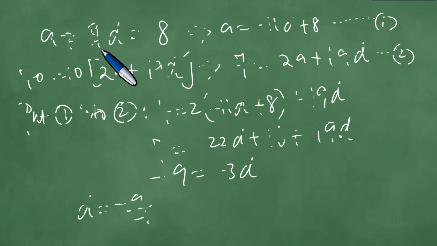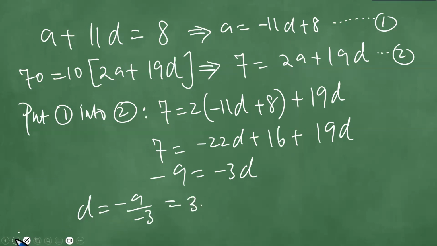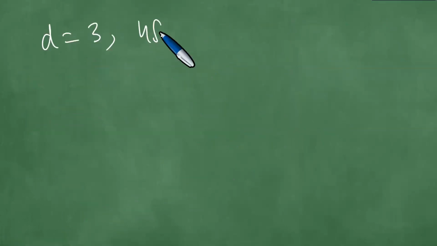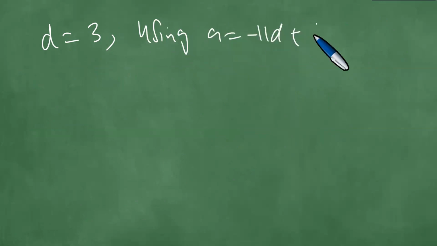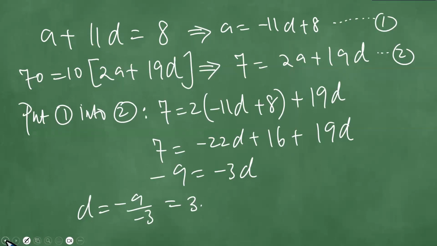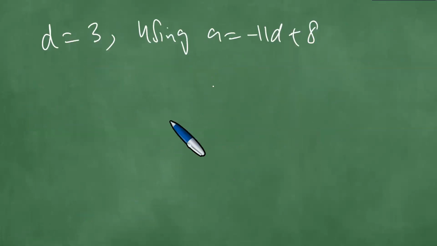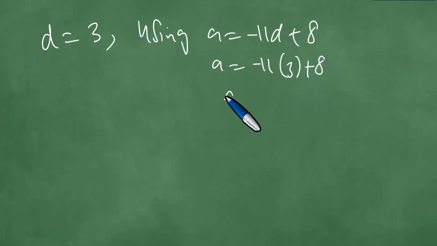Now we can use any of these equations, like using a equals minus 11d plus 8. A is minus 11 times d, which is 3, plus 8, which means it's minus 33 plus 8.